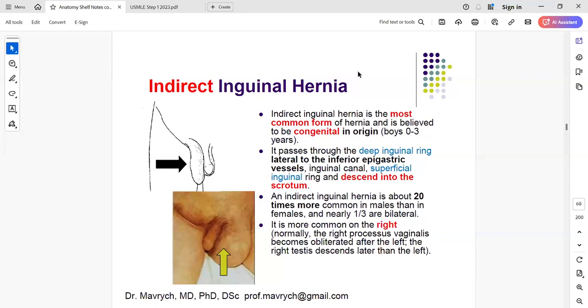There would obviously be swelling, and then you would know that, okay, this is a hernia. So there's two types, indirect and direct. Direct usually happens in older people, and indirect happens in the younger. Now what they ask you is the relationship of the hernia to the inferior epigastric vessel.